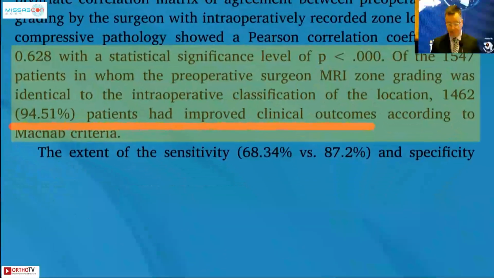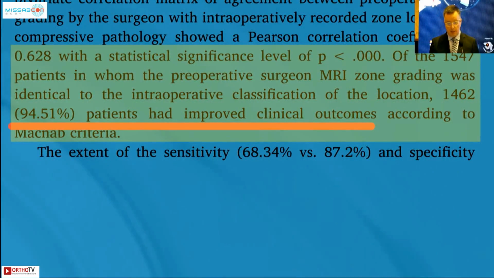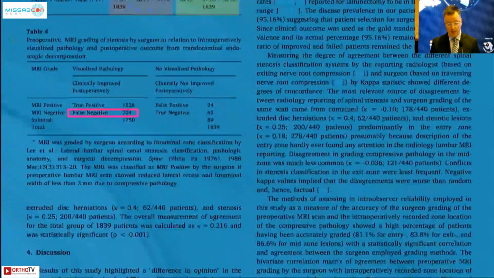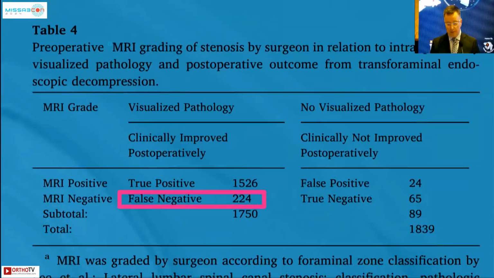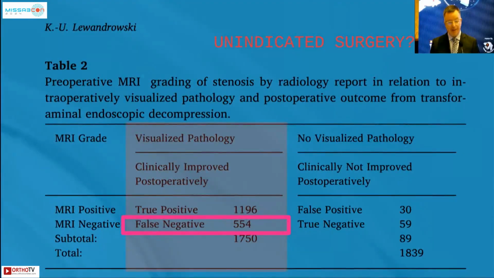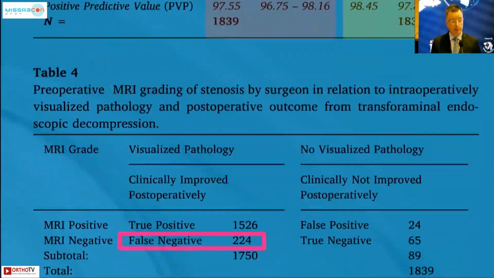Now does that mean that these surgeries were unindicated? And if I go back here for a minute, you saw the false negative number was 554. That's literally the question I got in the review of the paper. You never should have done these surgeries because the MRI didn't support it.